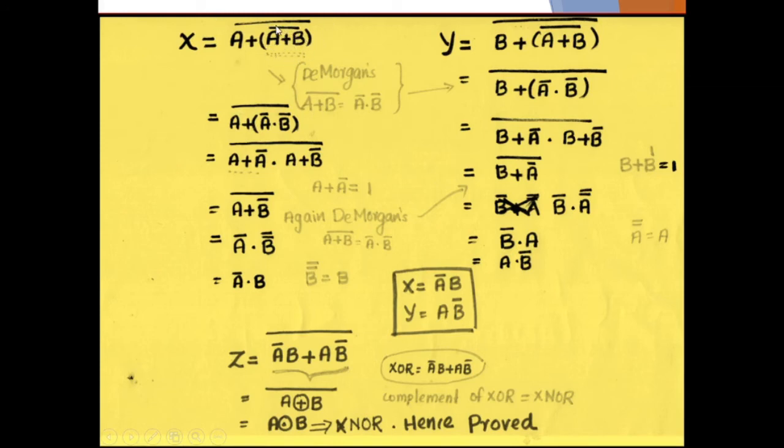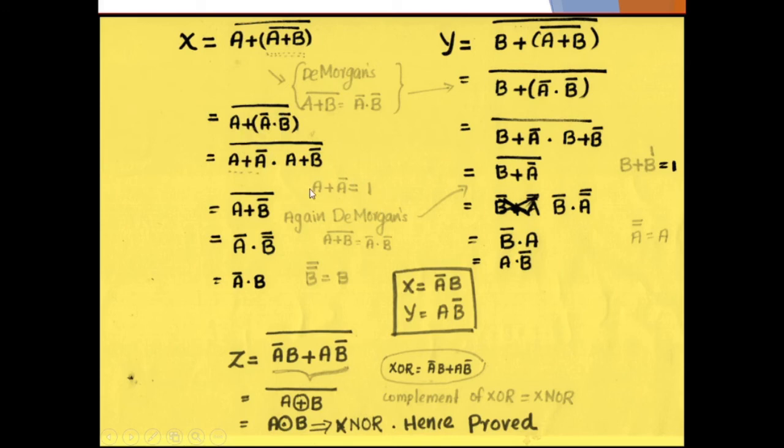By applying De Morgan's law, a plus b whole bar is equal to a bar dot b bar. So x can be written as a plus a bar dot b bar whole bar. By distributing, we get a plus a bar dot a plus b bar, the whole bar.